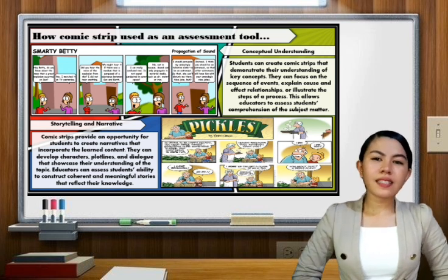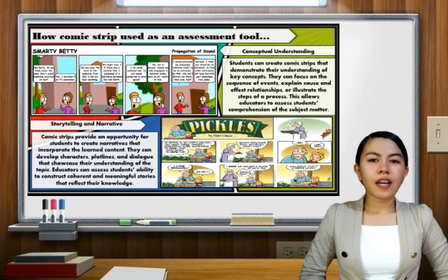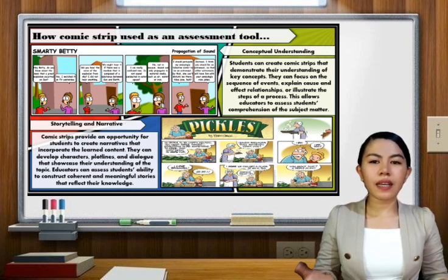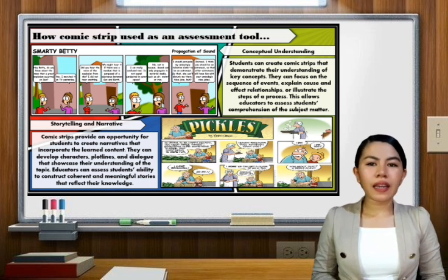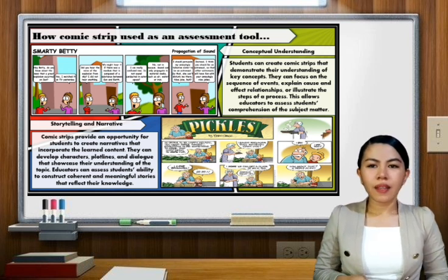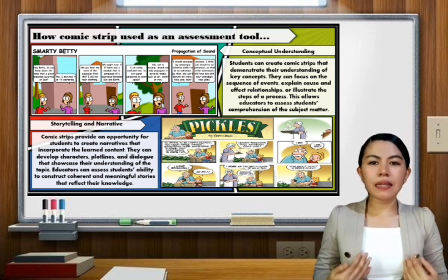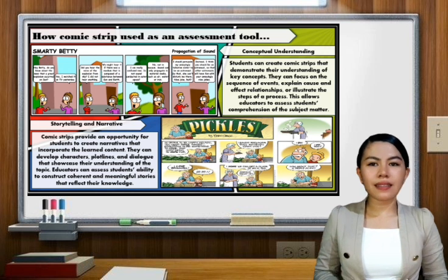And the next is storytelling and narrative. Comic strips provide an opportunity for students to create narratives that incorporate the learned content. They can develop characters, plot lines, and dialogue that showcase their understanding of the topic.